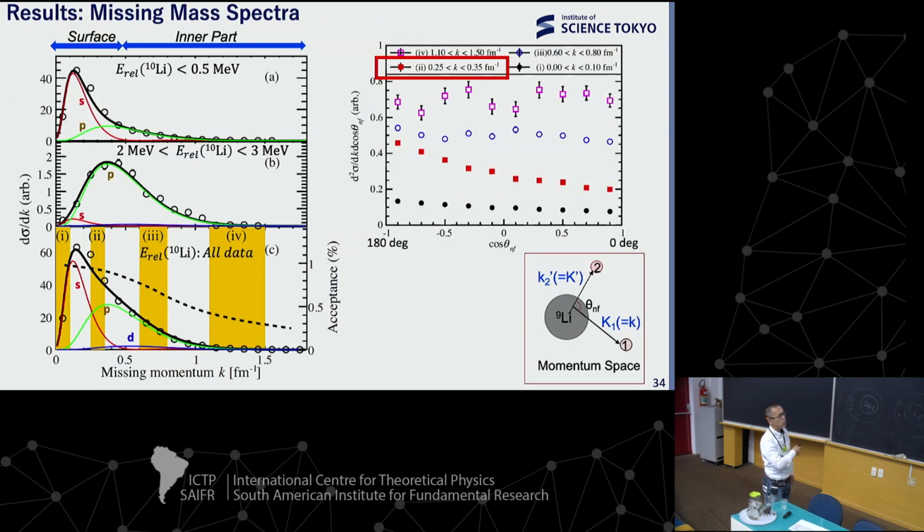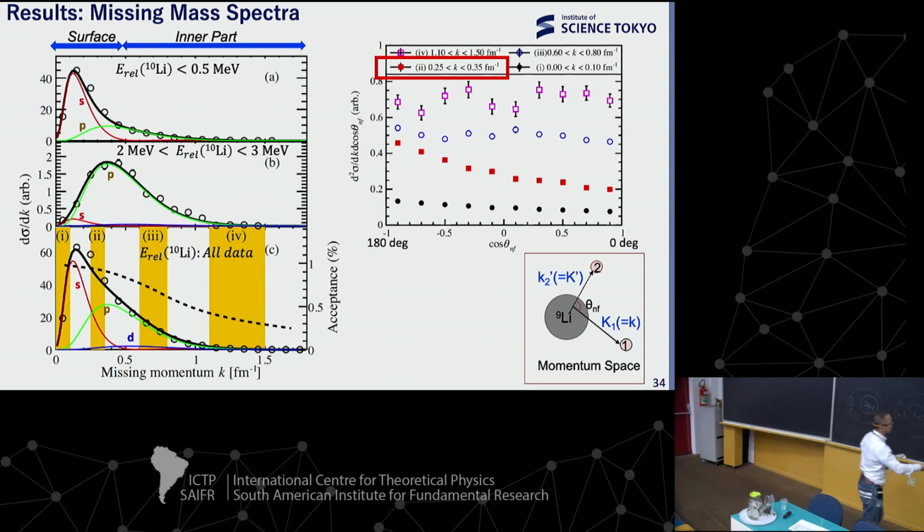So now you have this huge peak for small relative energy of the neutron and lithium-9. So is this an indication of the virtual state or not? Of course, you have higher partial waves. Okay, so this is not really lithium-10.